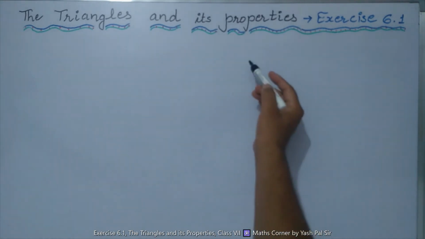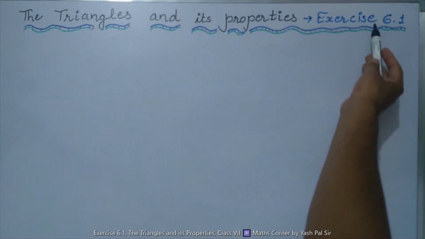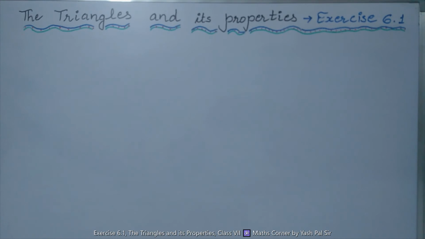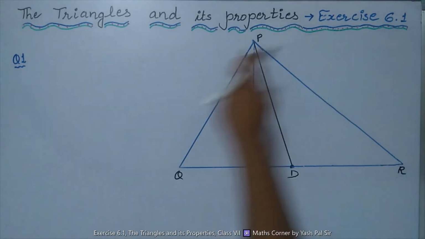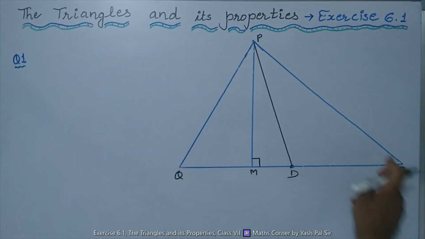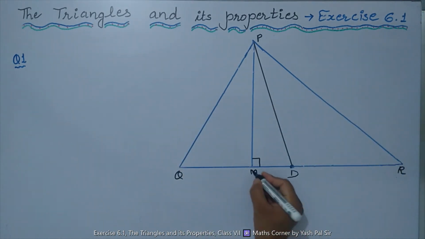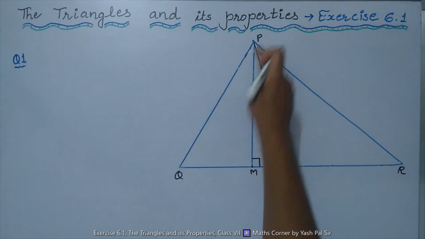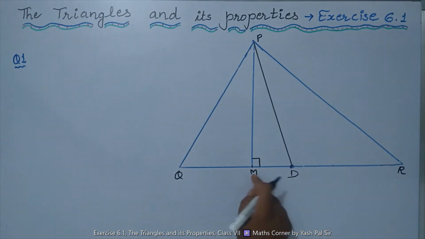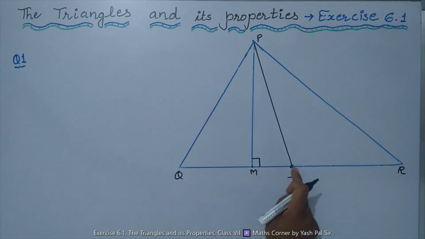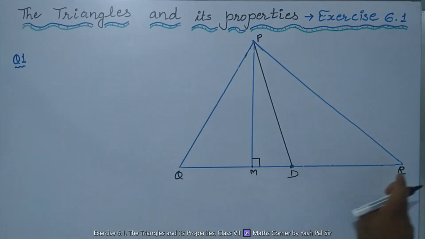Now we shall discuss the questions of exercise 6.1. So let us see. In the very first question of exercise 6.1, this is the diagram, triangle PQR. Here from M, this is a 90-degree angle, and D is the midpoint of QR.